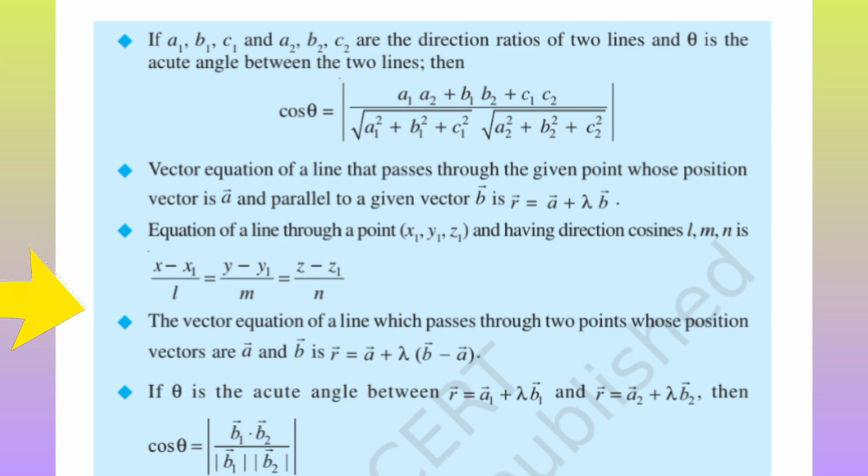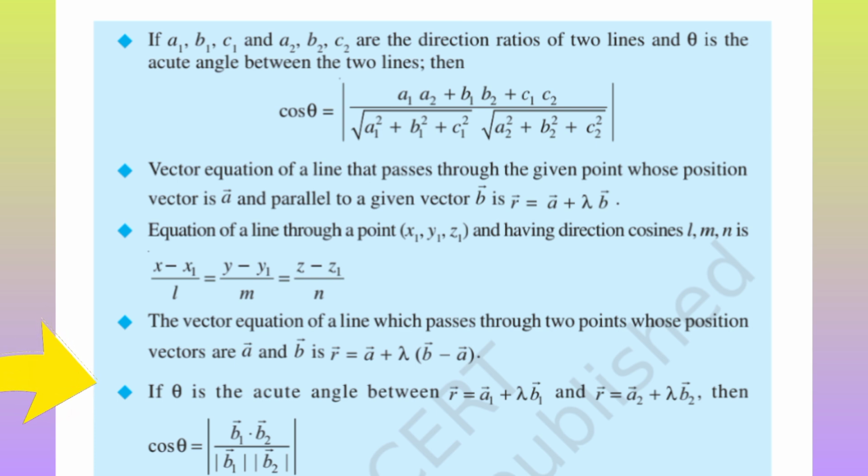The vector equation of a line which passes through two points whose position vectors are a vector and b vector is r vector is equal to a vector plus lambda times (b vector minus a vector).